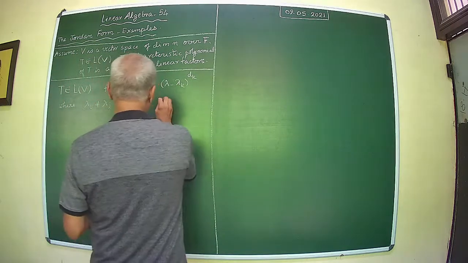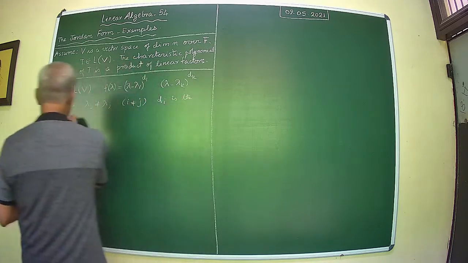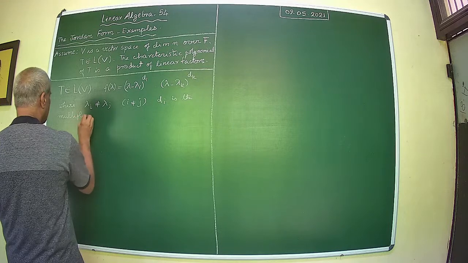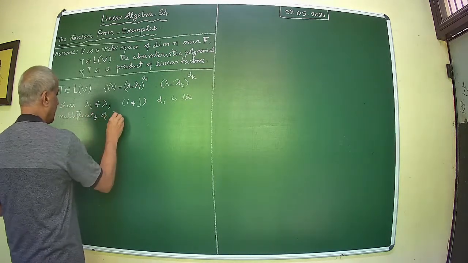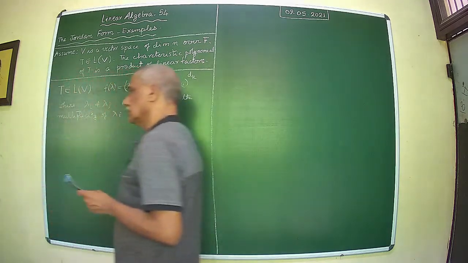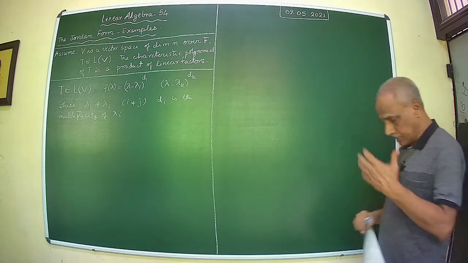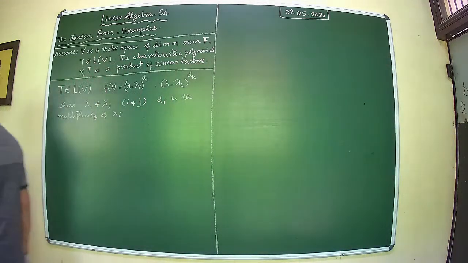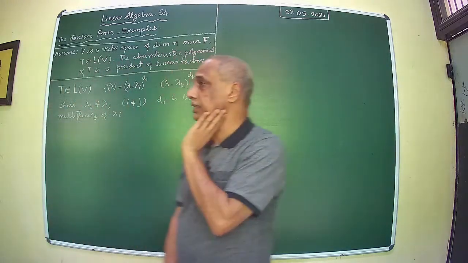Now di is the multiplicity of lambda i. So we are assuming the characteristic polynomial splits into a product of linear factors.